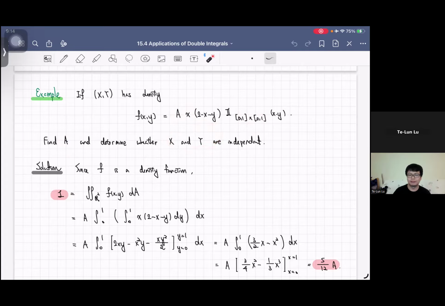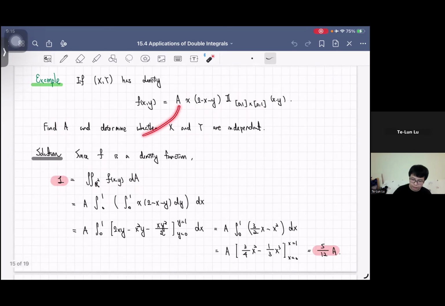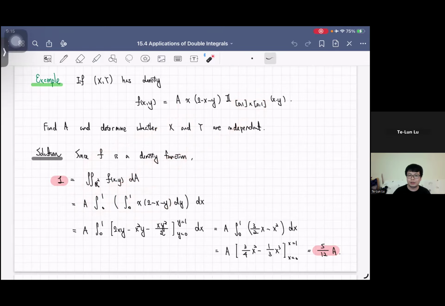independent random variables. So to find A, we simply observe the definition of the density function. The integral of this whole function should be 1 on the plane. So 1 will be the integral of f on the whole R2. By plugging in the definition of f, we get A here, and this only contributes on [0,1] by [0,1], where we're integrating the function x times (2 minus x minus y).